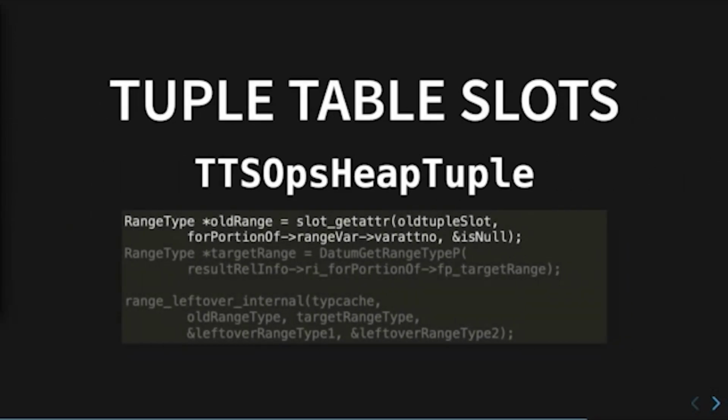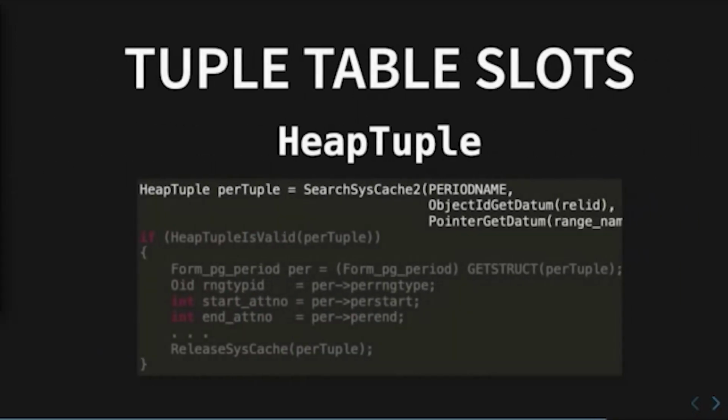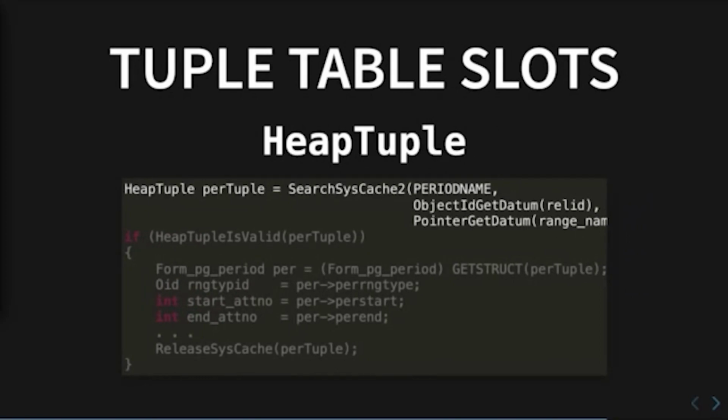So jumping back to our code from the init node, here we are calling slot getAttr. And as long as we're talking about heap tuples, here's some code that I've mentioned before. Back when we were calling syscache, we were getting heap tuples. So this isn't a slot, which is really just something we use in the executor.